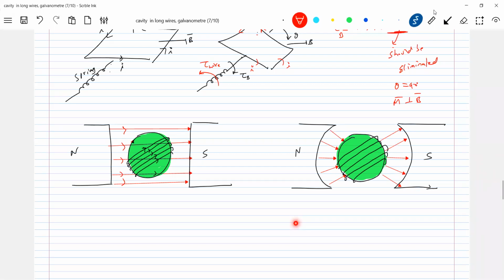This will be the direction of this one. So for all the positions, is M bar perpendicular to B bar? So this is the direction of M bar. For all the positions, I'm sure that M bar will be perpendicular to B bar. Do I agree? Now in this position, M bar is perpendicular to B bar.